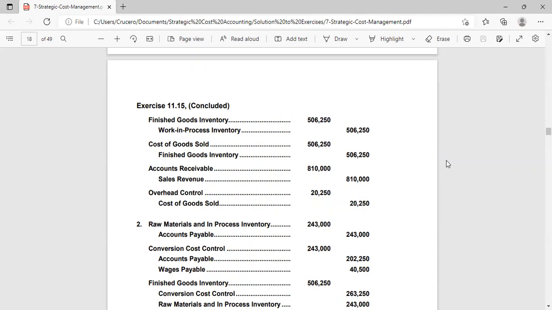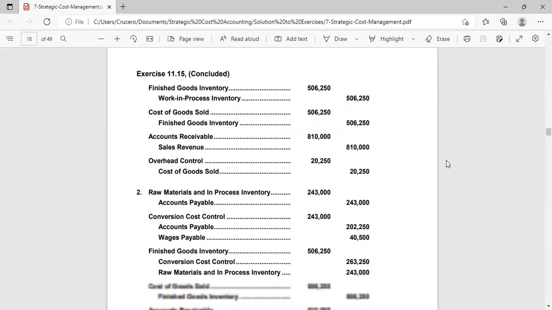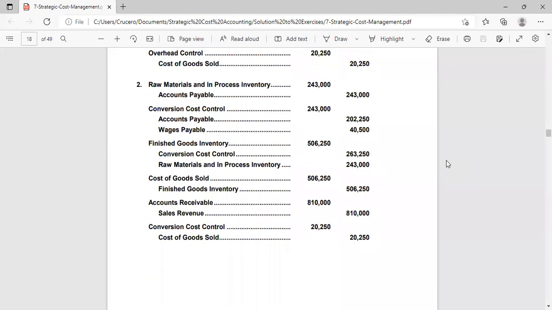So there's a difference of 20,250. It is overapplied because the applied is greater than the actual. So for the variance recording, we debit overhead control and credit cost of goods sold. So this will reduce cost of goods sold.